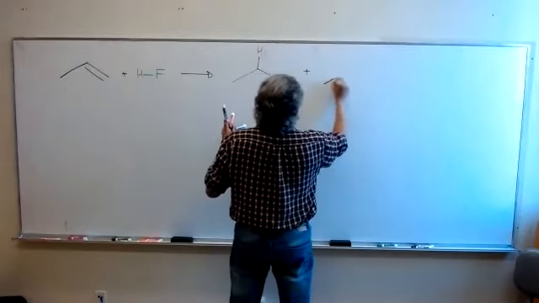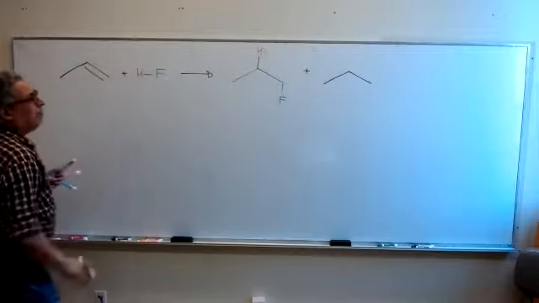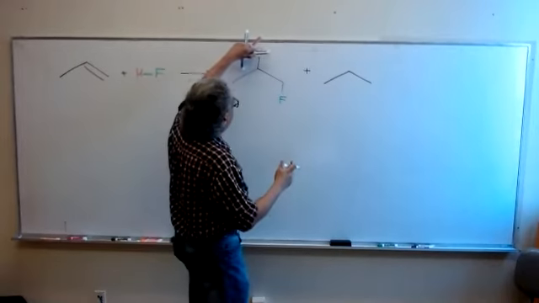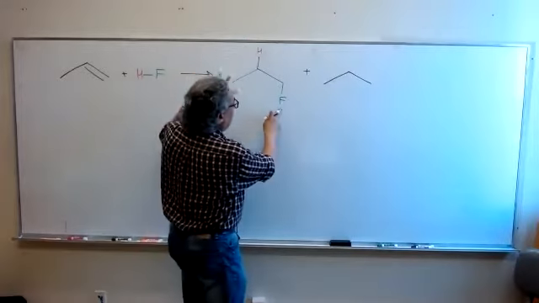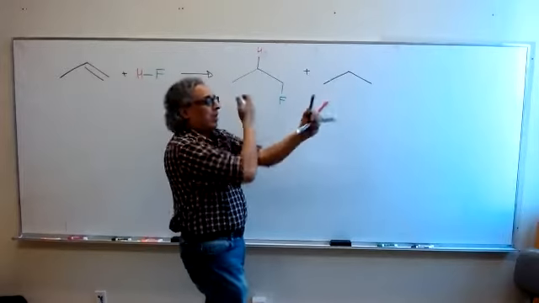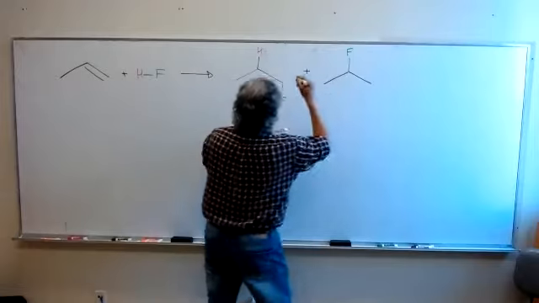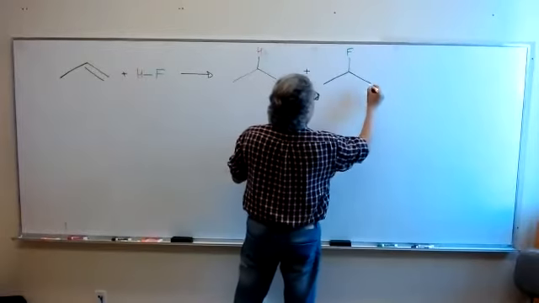You make the other molecule, again, you don't draw the double bond, and you add the proton to one side and the fluorine to the other side. This time, you do it the other way. You add the fluorine in the middle and add the hydrogen to the end.